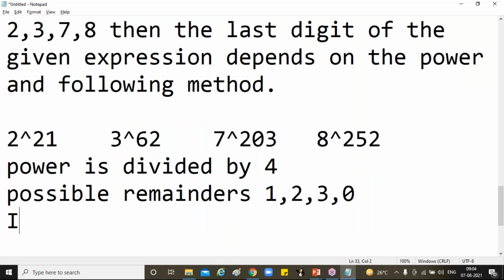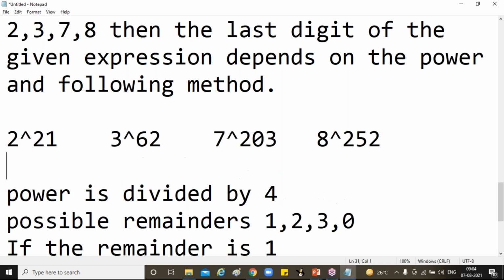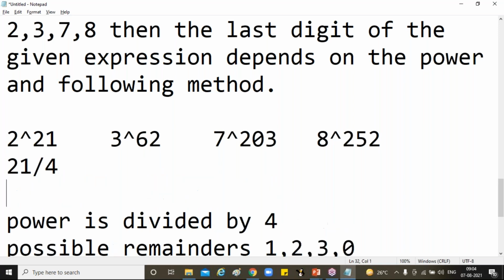So if the remainder is 1, our concept, step number 1: power is divided by 4, 21 by 4. 4 5s are 20. What is the remainder? 1. 3 power 62: 62 divided by 4. 4 15s are 60.